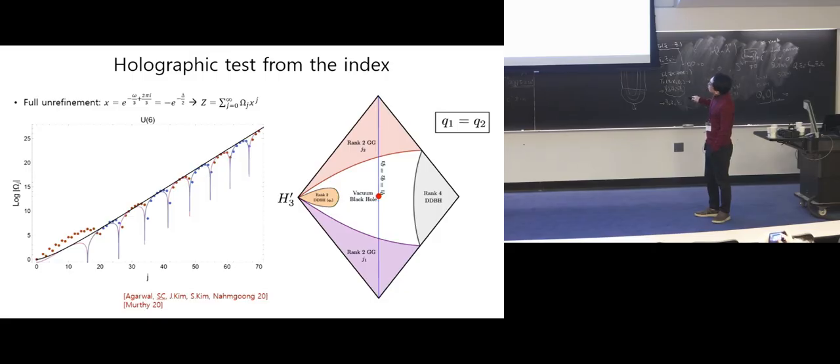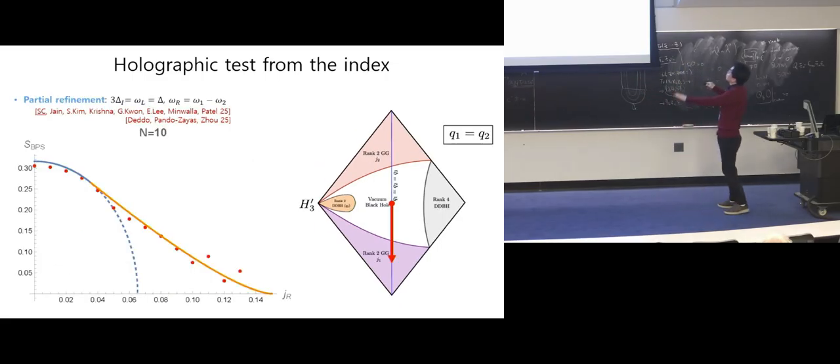These red and blue dots show the log of the degeneracy captured by the index. And this black line is nothing but the entropy of the black holes extrapolated to n equals 6. You can see that even from n equals 6, the index matches the black hole entropy very well. Great. So even from the finite n index, you can see the black hole entropy.